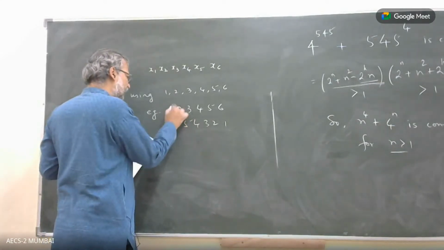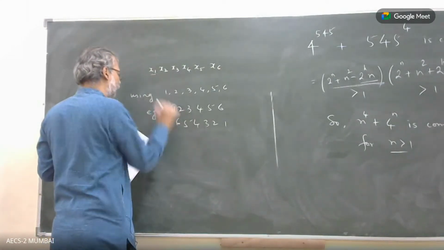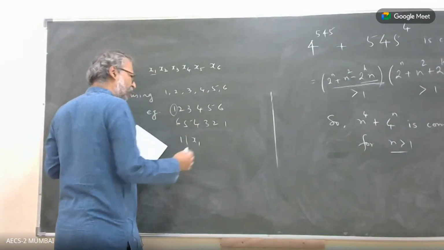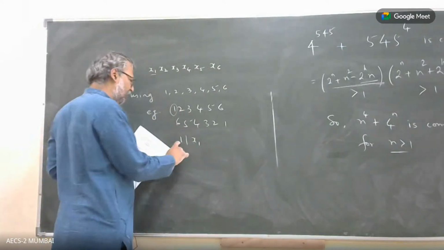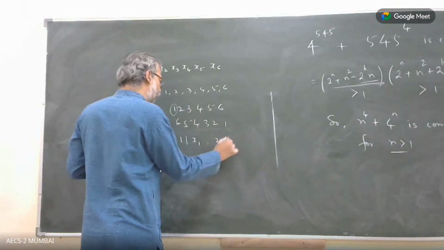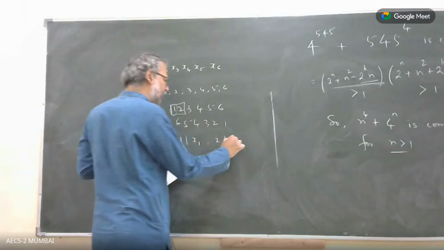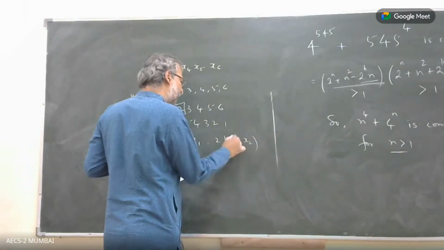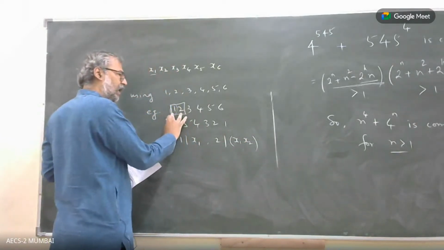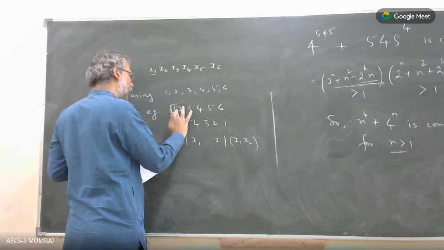Such that if I look at the first number x1, 1 divides that. In fact, 1 divides every number. 2 divides x1 x2, the number made up of the first two digits.